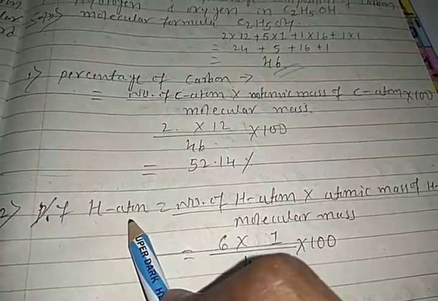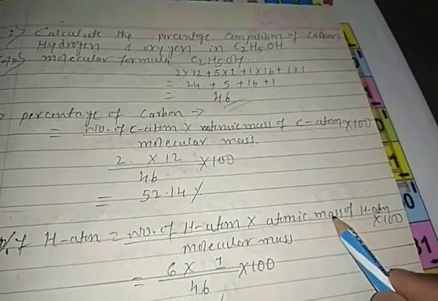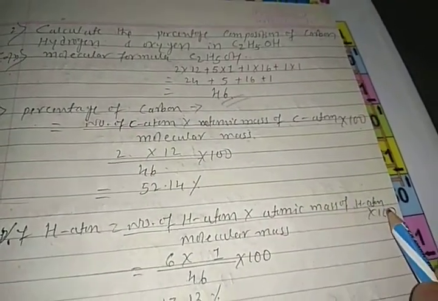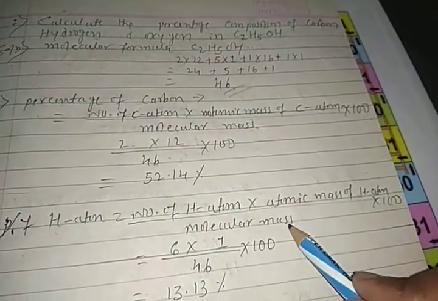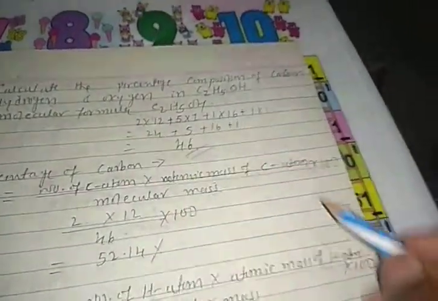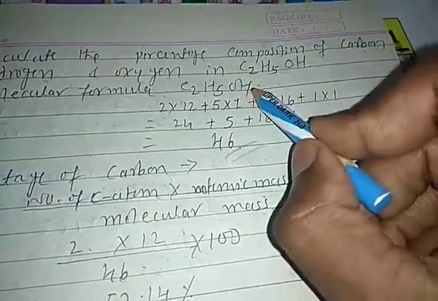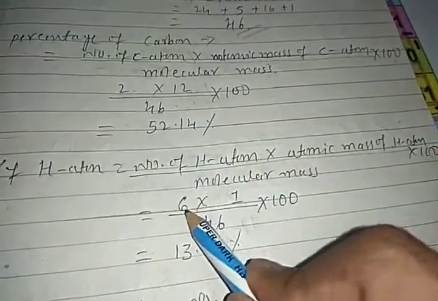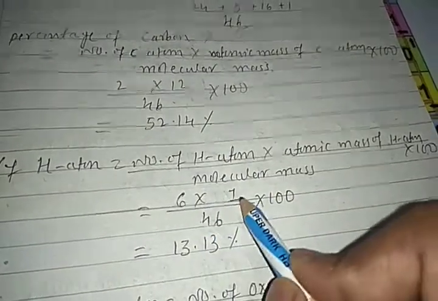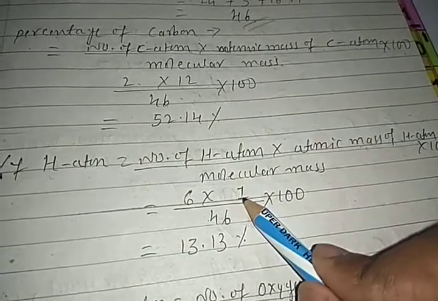Right, students? Similarly, percentage of hydrogen is the number of hydrogen atoms into the atomic mass of hydrogen into 100, whole divided by the molecular mass. So how many hydrogen atoms are present here, students? 5 plus 1, 6. 6 hydrogen atoms, and the atomic mass of hydrogen, we know, is 1.